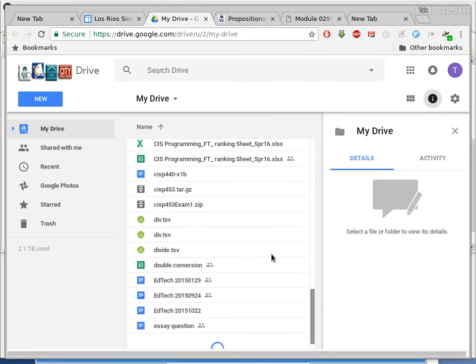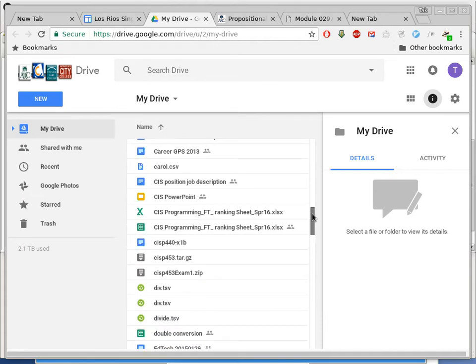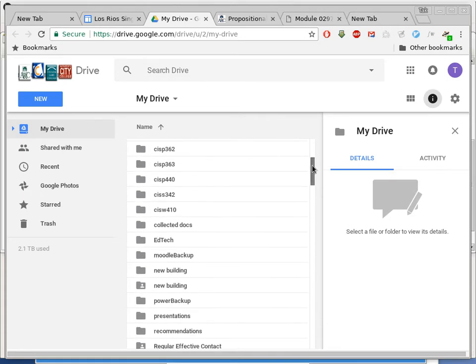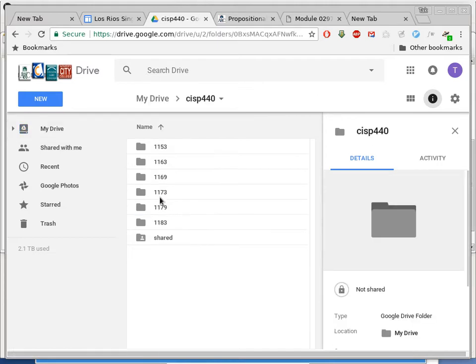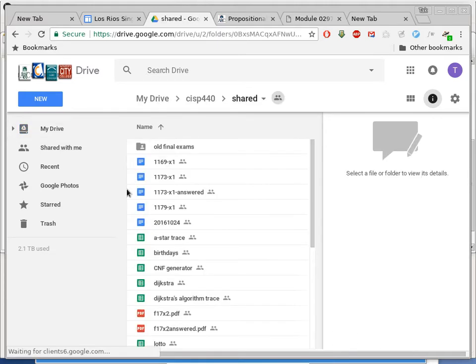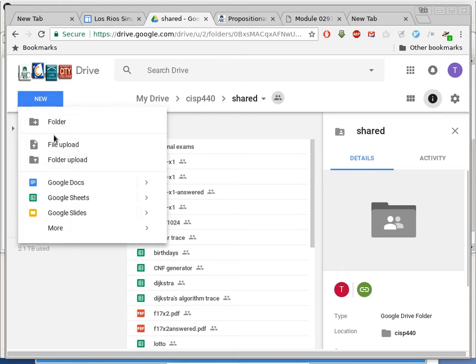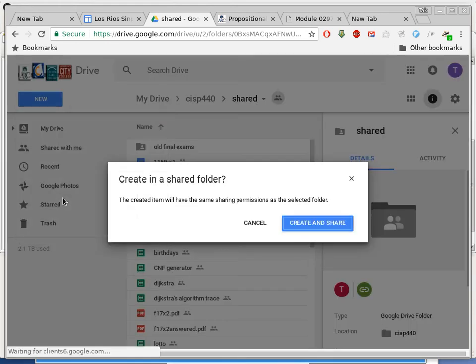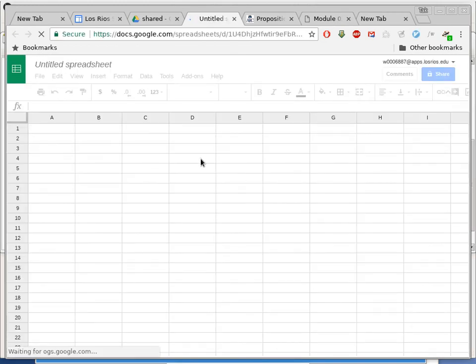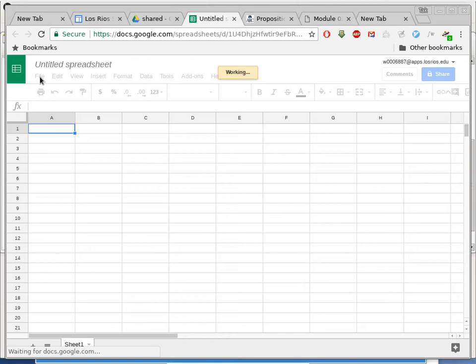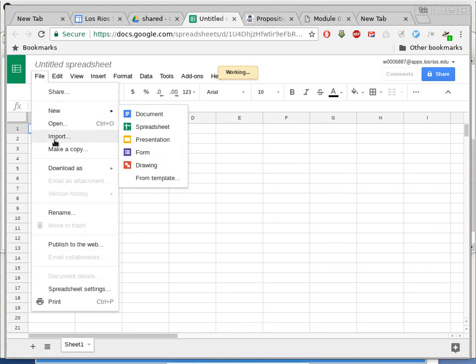You can download it and play with it. cisp440 in the share drive, and we'll add a new spreadsheet. Right away, this one is now already shared, so you can see it right away. And I'm going to rename it as truth table.